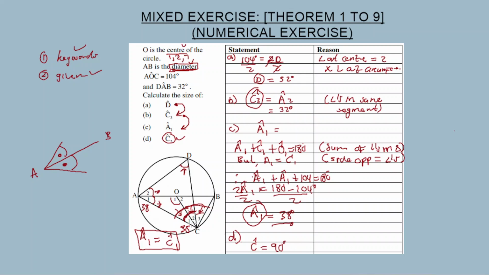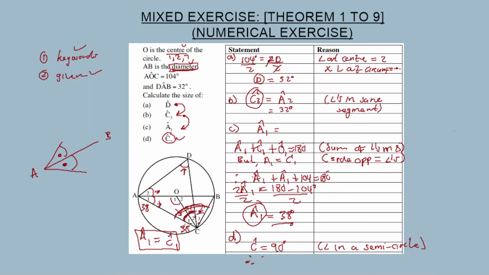Angle C is equal to 90 degrees, angle in a semicircle. Therefore, don't forget, angle C as a whole is equal to C1 plus C2 plus C3.